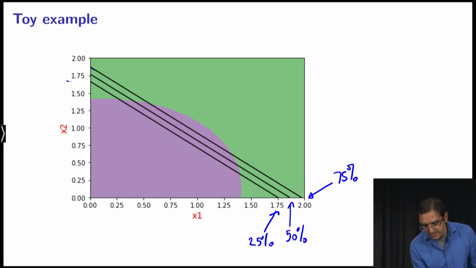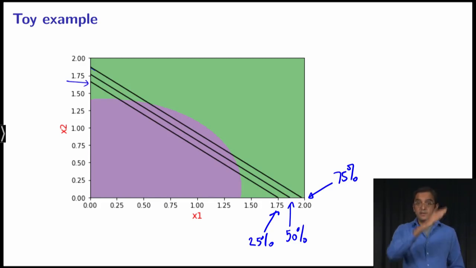And if you look at this line over here, it says that for the x's along that line, there is a 25% probability that the label is green. In other words, a 75% probability that the label is purple. Is that reasonable? Well, maybe. In general, when you're using the conditional probabilities from a logistic regression model, you do have to take them with a little grain of salt.